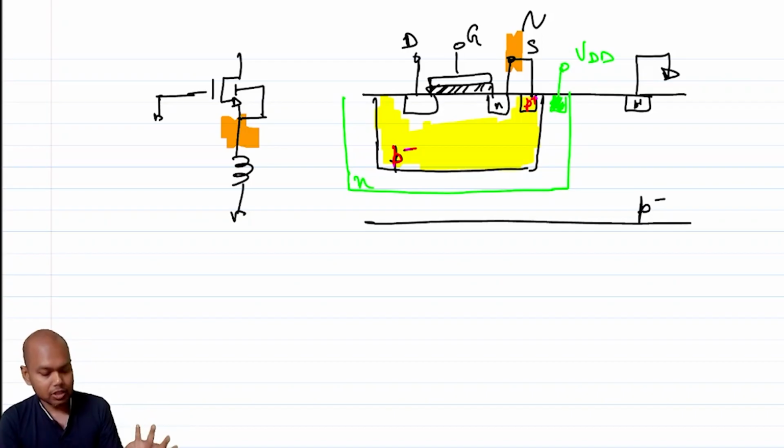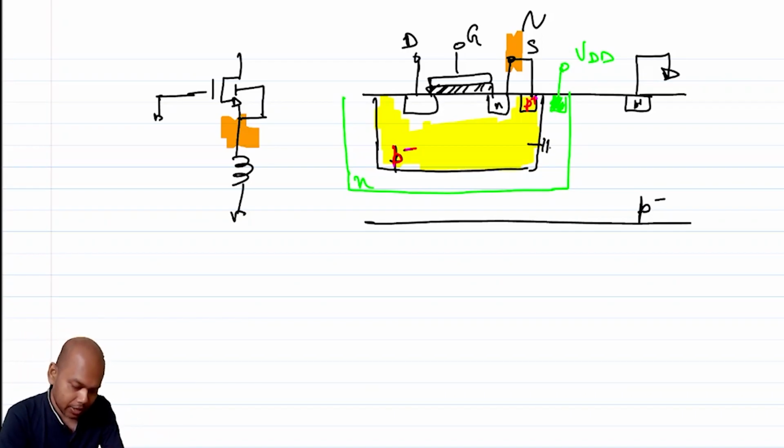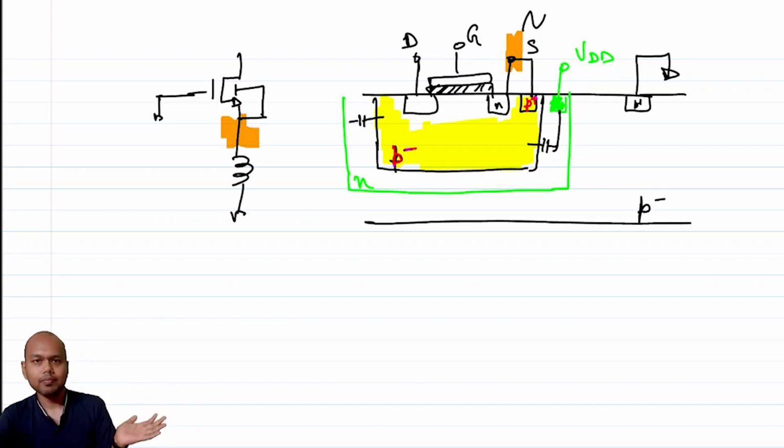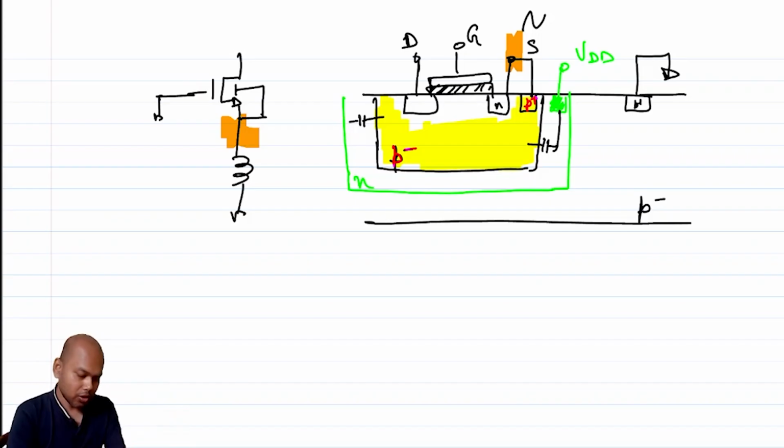So what's the issue with the entire tub swinging? Note that there is a capacitance between this tub and this n-type well, right? There is this capacitance, and it is a big capacitance. It's not a small capacitance, because it's a big tub, correct? So now you are going to have a large capacitance, not small with respect to this CGD capacitance, right?